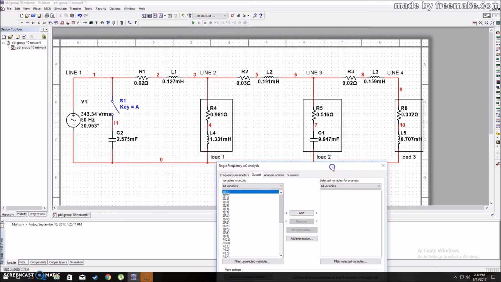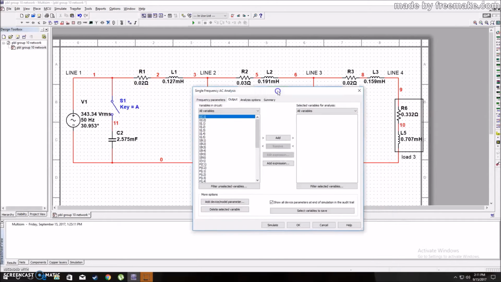Let's say we're going to measure the current flowing through the transmission line 1 to 2. The current flowing at transmission line 1 to 2 is the current flowing through the resistor 1 and inductor 1.